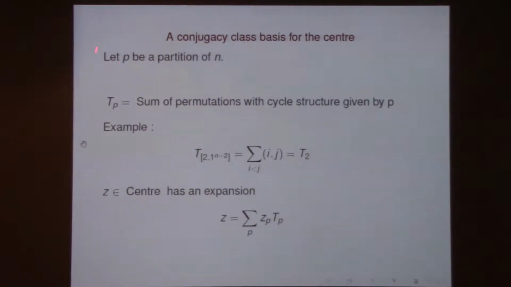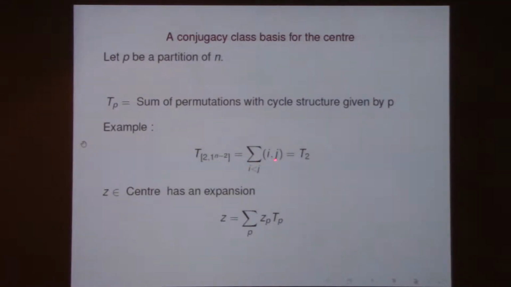Let's call that splitting of n p. And for each such partition, you can think about the sum of permutations with cycle structure given by p. I'm going to call that Tp. So for example, T2, the permutations which have one cycle of length 2 and all remaining cycles of length 1, explicitly will look something like this.